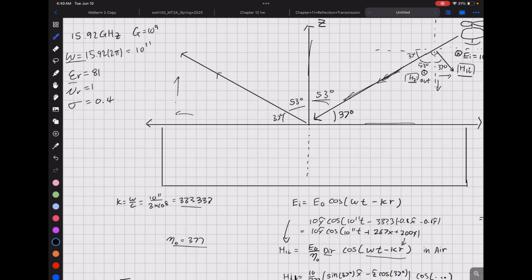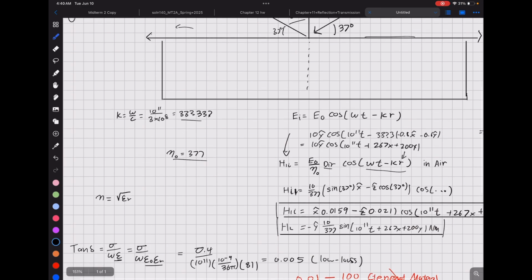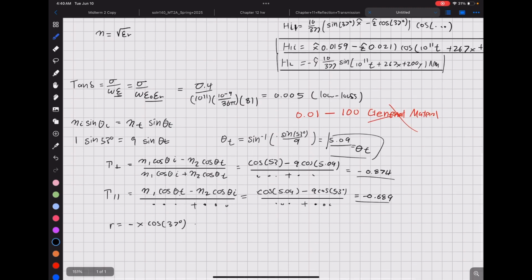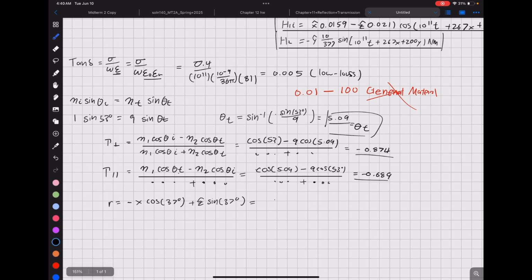So the opposite is going, the x is in the cosine component, so it's going negative, and then the z should be plus z hat sine of 37 degrees. And that's going to equal negative 0.8 x plus z 0.6, and multiply all that by the same k as we found earlier.